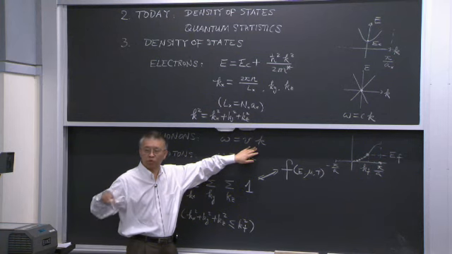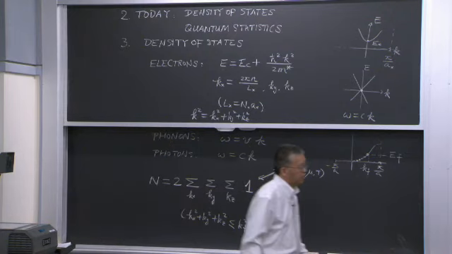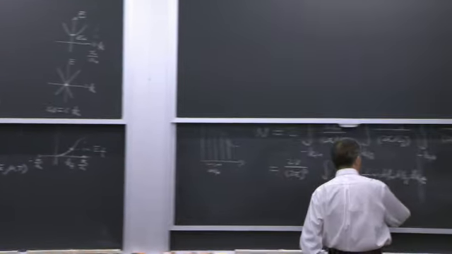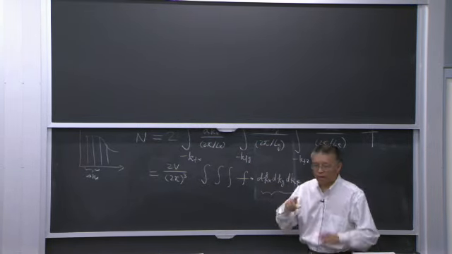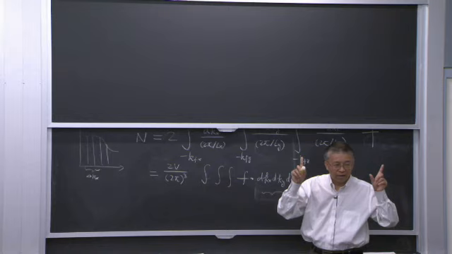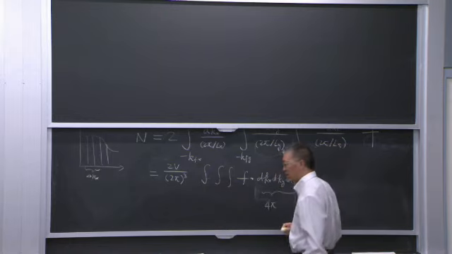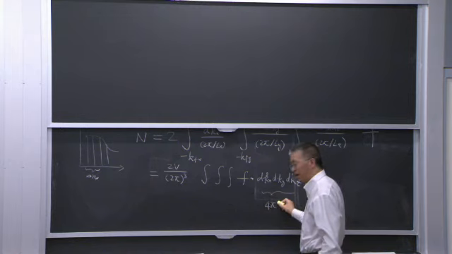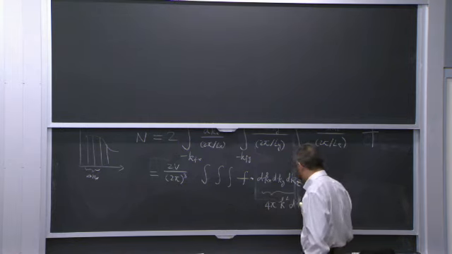Rather than doing a triple integral, if it's spherical, this is not a function of direction, it's only a function of the absolute value of k. So this is a 4 pi. Can you tell me? K squared dk, right?